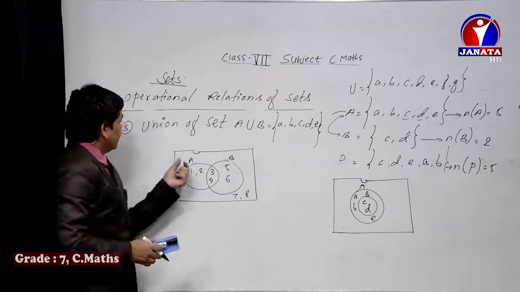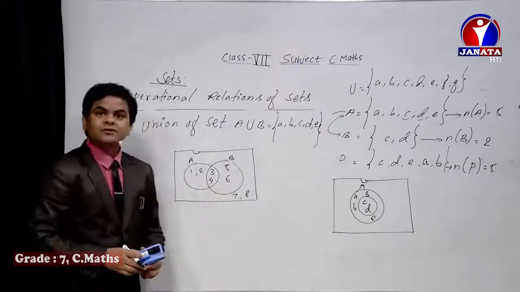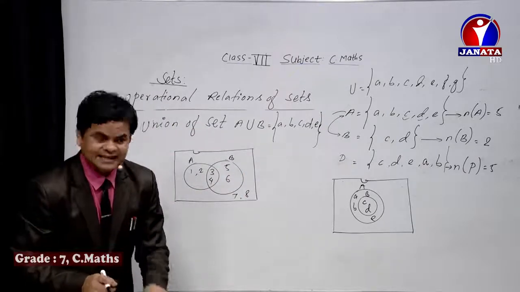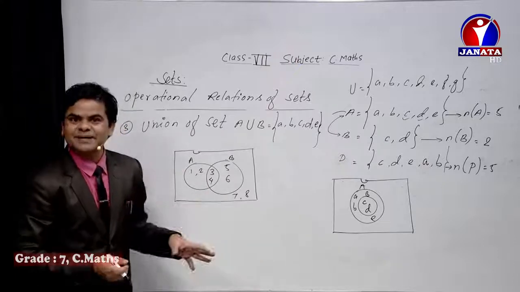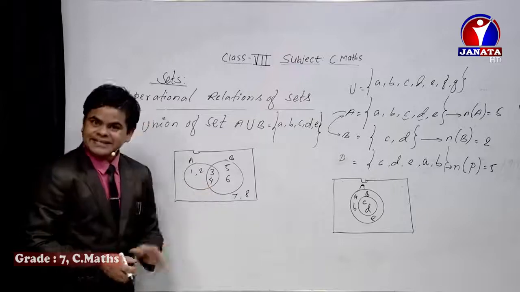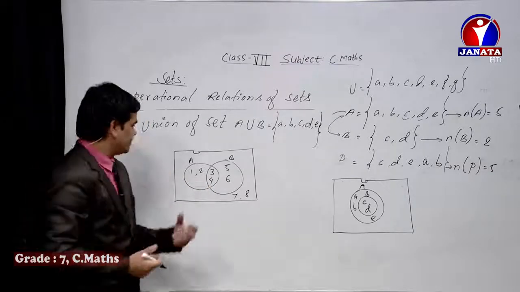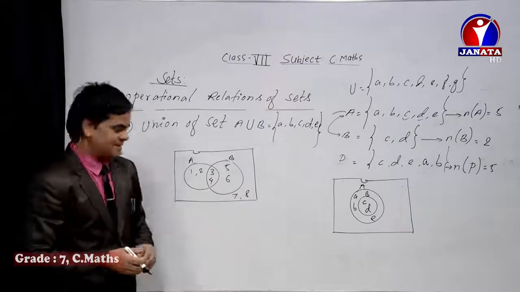Okay, union of sets. If you want to see those elements which are contained in set A and set B, but dear students, without repeating. These two elements are repeating, isn't it? They belong to set A as well as set B, but we are not allowed to repeat.